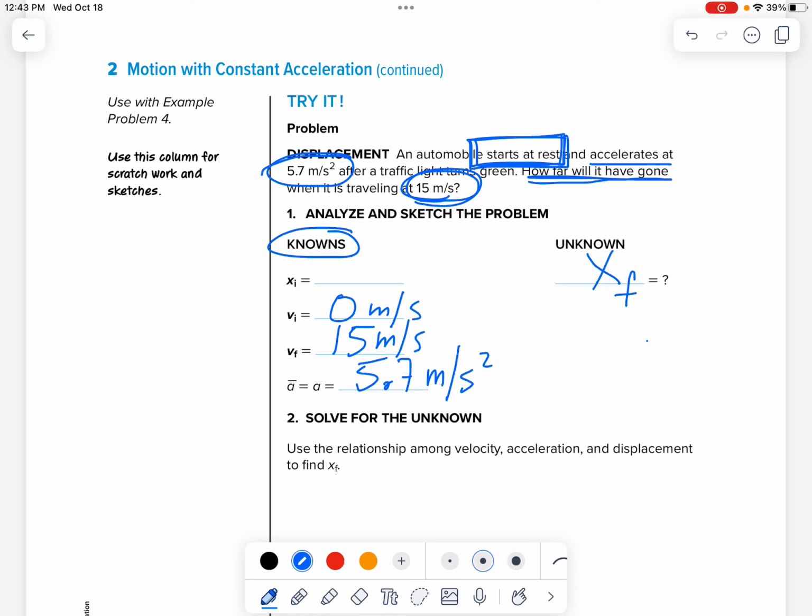The xi here, I mean, you can call it 0. You really don't need it. It just says that it's starting at 0. Let's say that xi is 0. We want to find how far it's gone. I look for an equation that has these variables. I'm looking for an equation that has distance in it, initial velocity, final velocity, and acceleration.